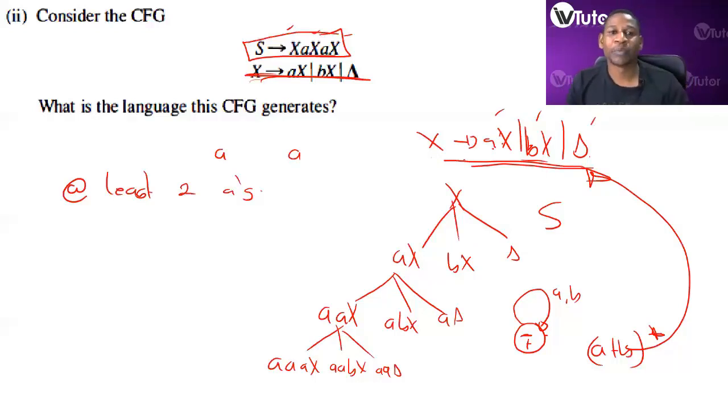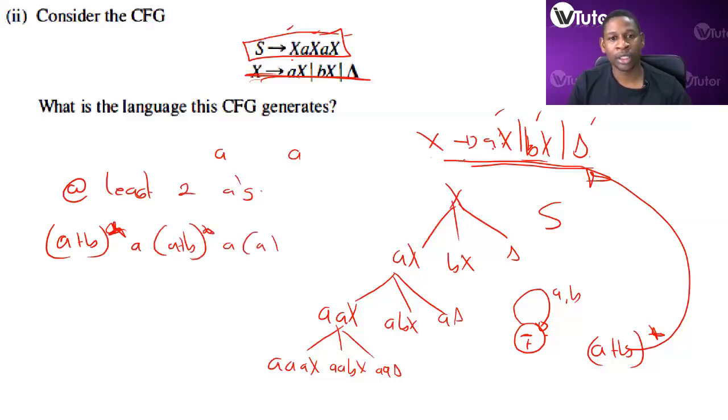So here we are saying S gives us a guideline of what we are requiring. We want words with at least two A's, and so typically we are saying we have A or B Kleene star, A or B Kleene star, A or B Kleene star. Right? So that is what we are saying.